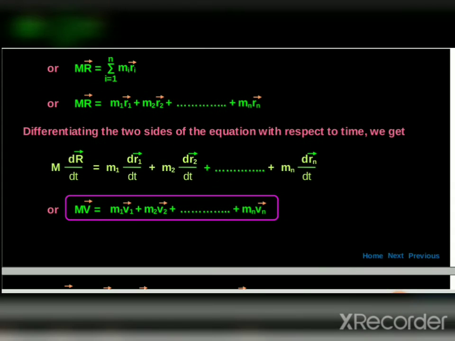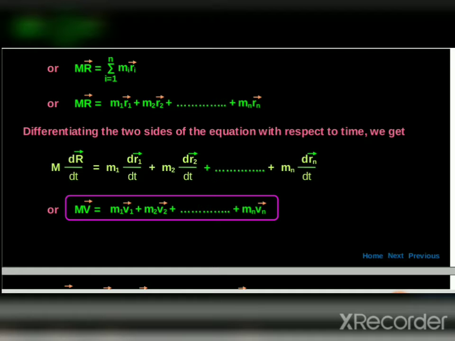So if I differentiate both sides of the equation with respect to time, I can write M dR by dt is equal to m1 dr1 upon dt and it goes on, and you know that dr by dt is equal to v, velocity.